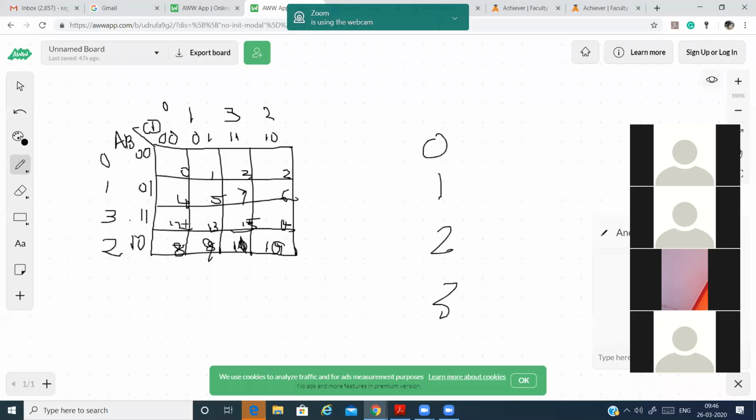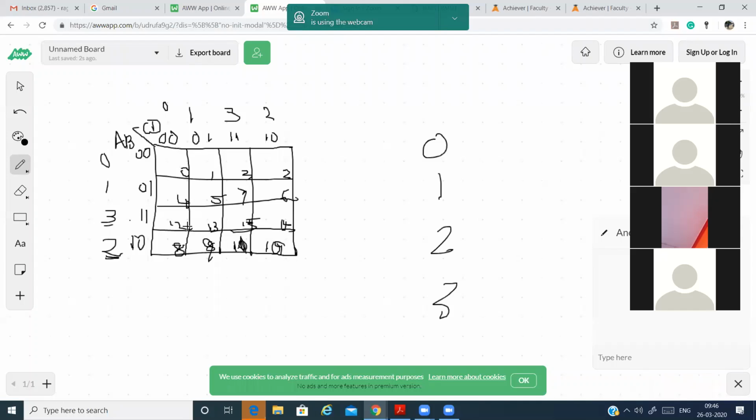Next, I'll go directly to the last line. Why? Because this one is our highest level: 3. This is our 2, so 2 has to come first. That's why I'll be utilizing these boxes first: 8, 9, 10, 11, 12, 13, 14, 15. Once again, 0, 1, 3, 2. Why is this 2 written here, 3 written here?